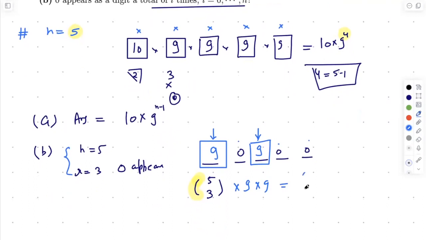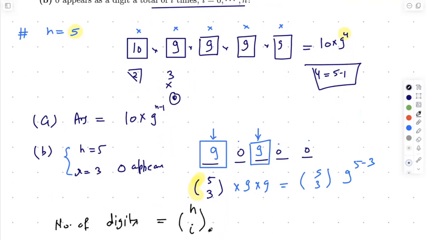So that means the answer is 5C3 times 9 to the power 5 minus 3. In a similar way, out of n places, a total of r times 0 appears and the remaining are non-zero numbers, so it is going to be nCr times 9 to the power n minus r. This is how you can find the answer. This is the B part.